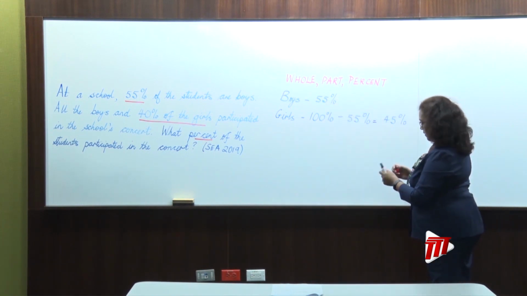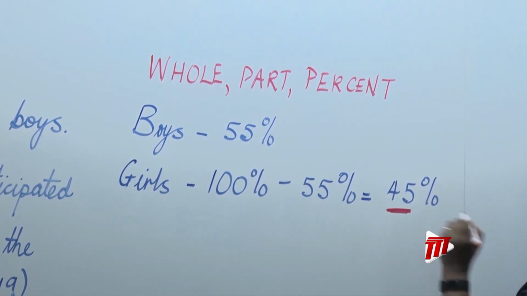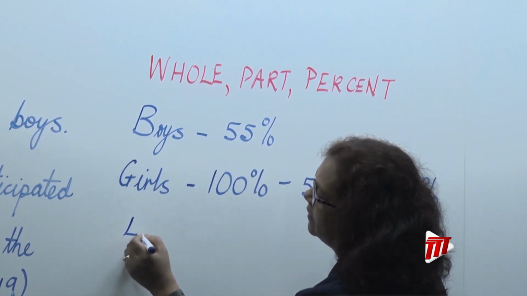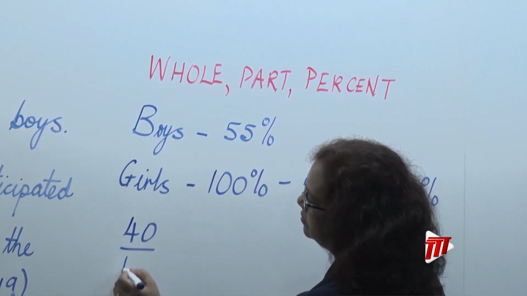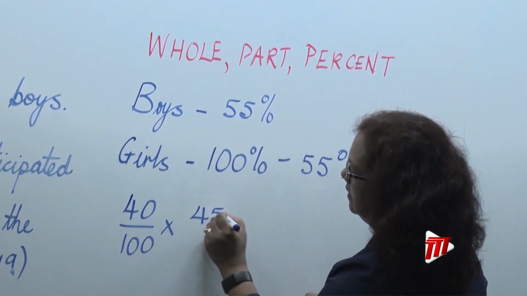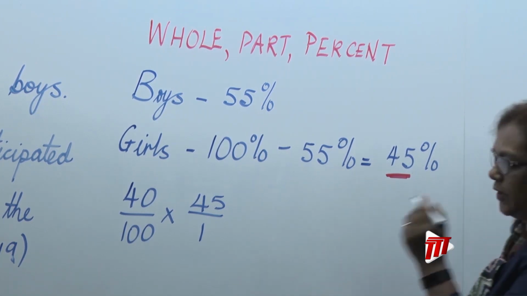So I'm going to treat 45 as a whole here, and then find 40% of the 45.